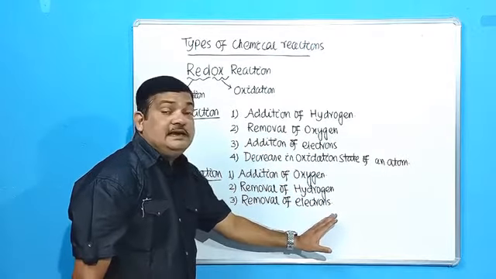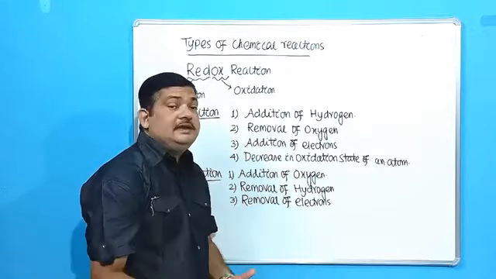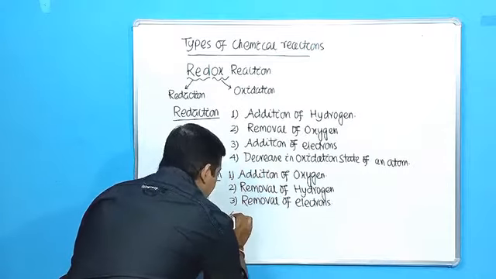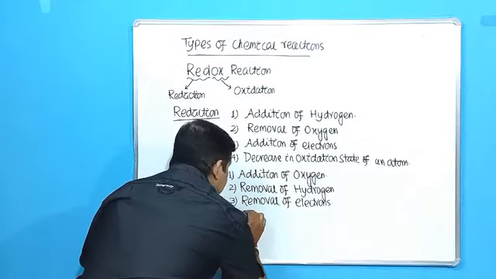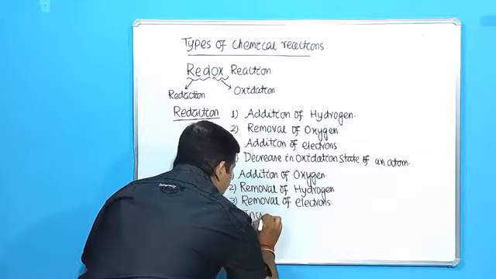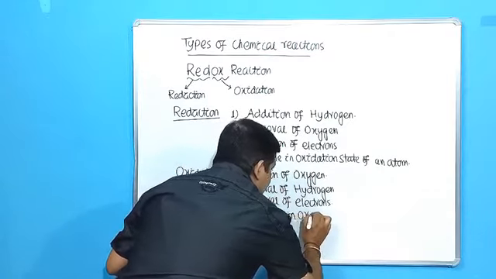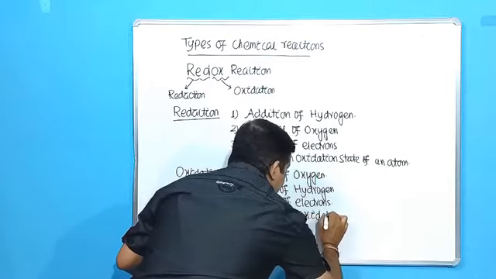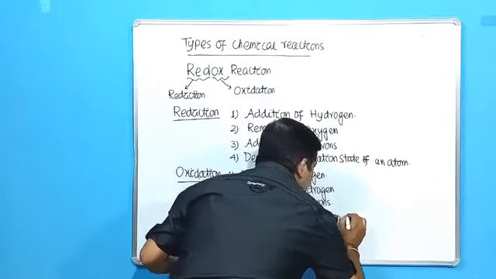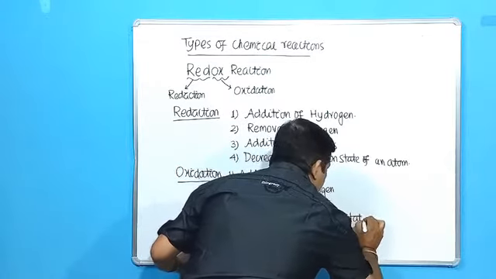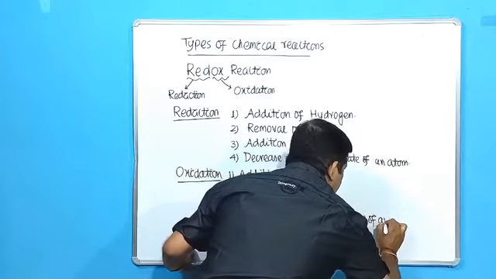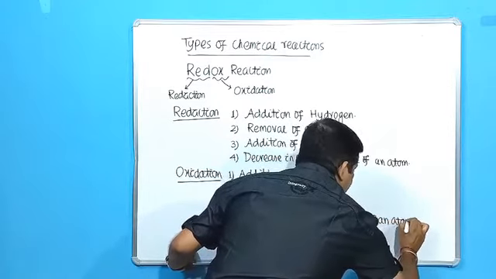So when electron is removed, the oxidation state will be increasing. So number four will be increase in oxidation state of an atom.